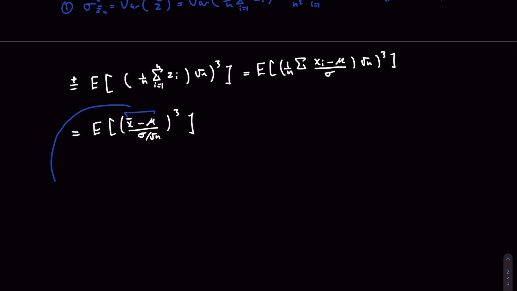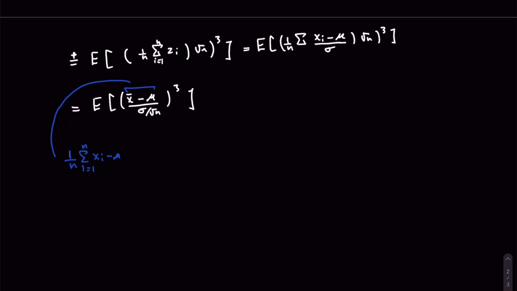So what do we have? What we're left with here is 1 divided by n, the sum of xi minus mu, i from 1 to n.